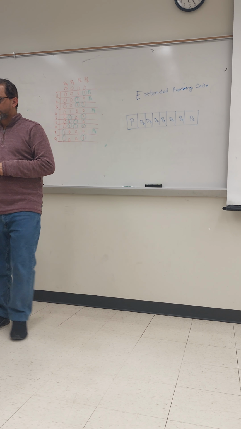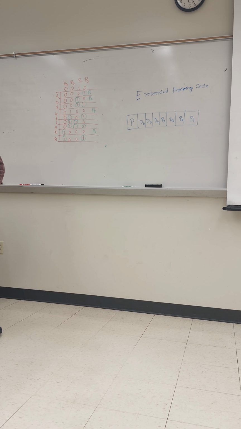Okay. So if you go to the next slide, slide number 30, here's an example. We send a Hamming code, 1010010. Then we have an extended Hamming code. We are trying to make it even parity. In the Hamming code, how many ones do we have? 3 ones. So to make it even, we put another 1 in the extended Hamming code.